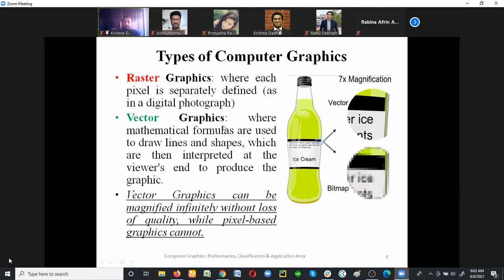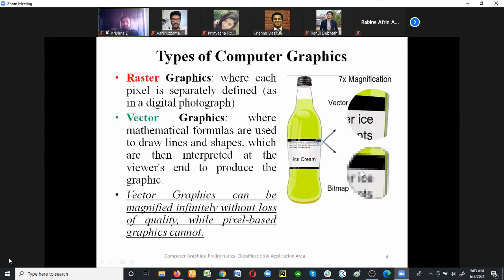Now, what can be the common approach for it? Raster graphics are easy to generate, first of all. The second thing is, if you want to create a shaded, real life image, it's very difficult for vector graphics, because light and shade are difficult to handle with mathematical formulas.